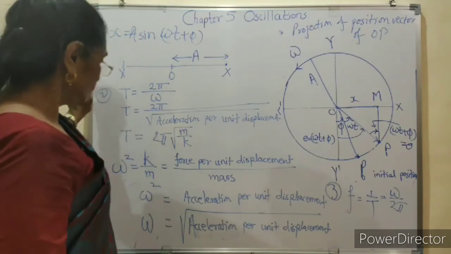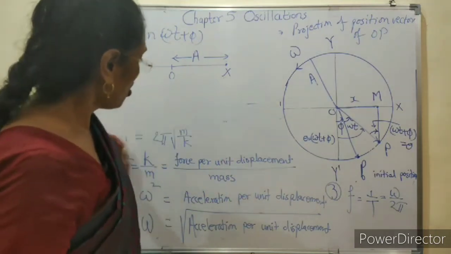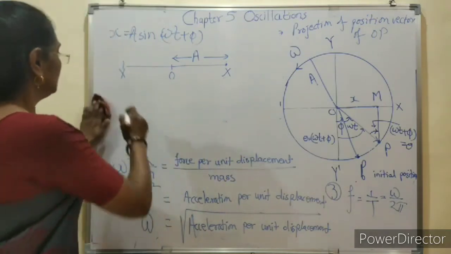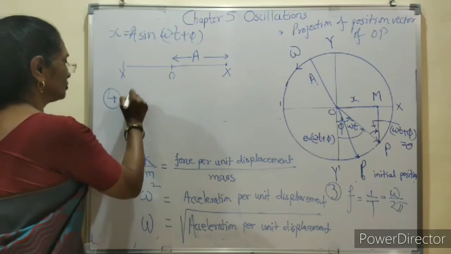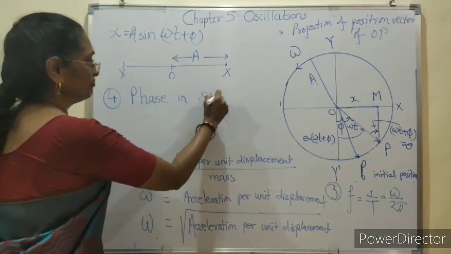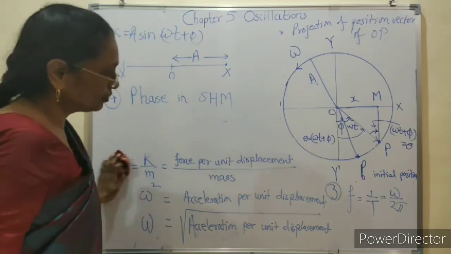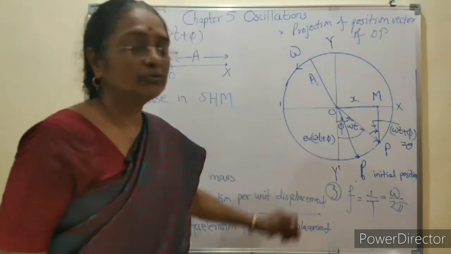Now the fourth term, or the next point in this chapter, is called phase in SHM. This is also one concept in oscillation.